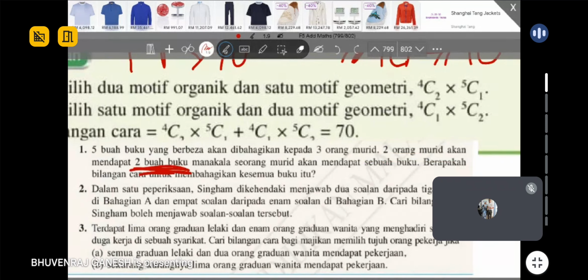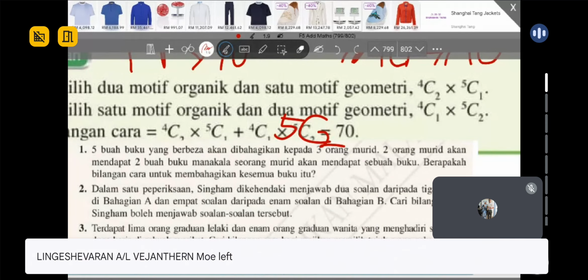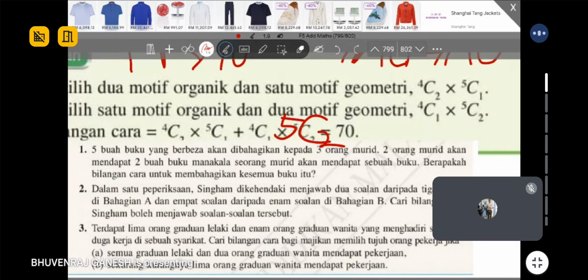So guys, this first sentence over here, what should I write? 5C2. Correct? 5C2 kan? Okay, because 5 books, 2 people. Okay, second part. 1 murid get 1 book. So means that 5 books, choose 2. Berapa baki guys? 5 buku, saya dah pilih 2. Yes, very good. So the remainder is 3.